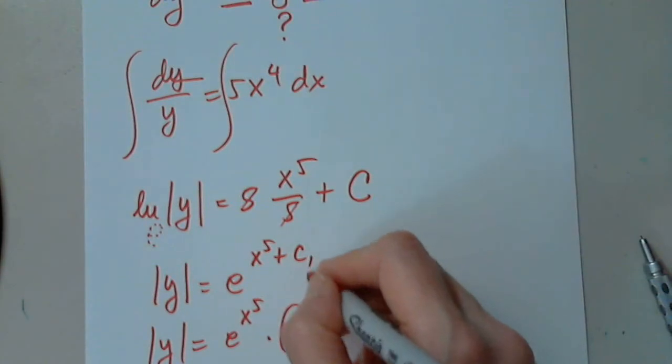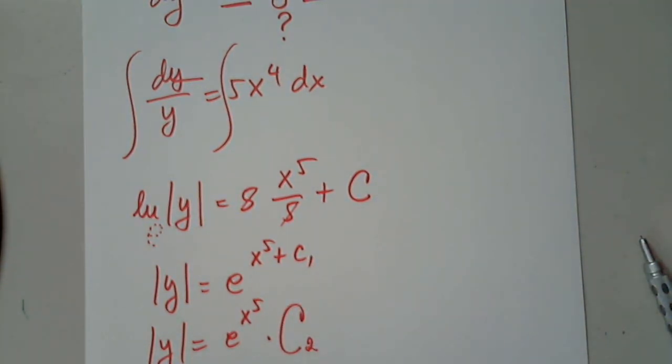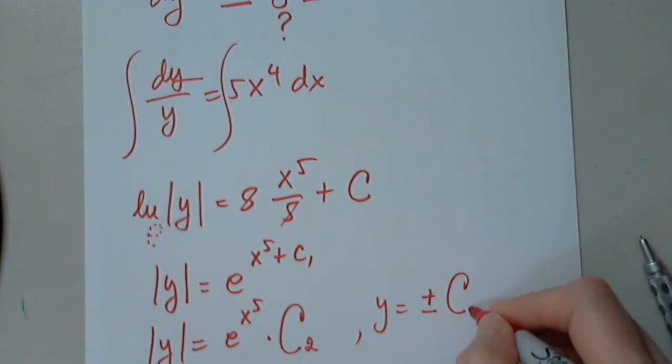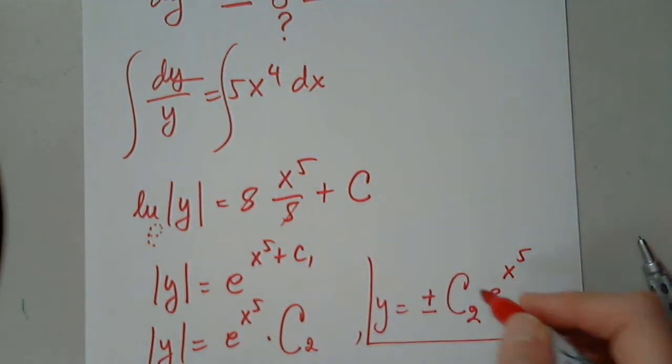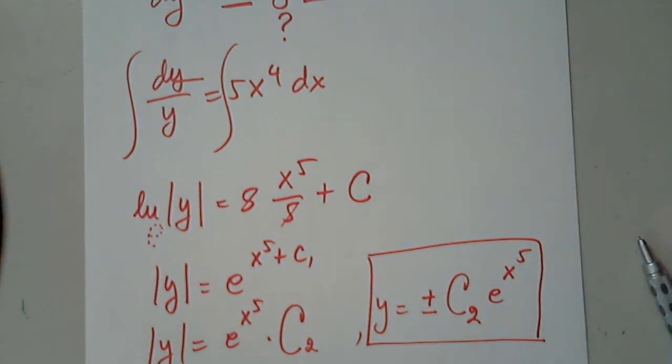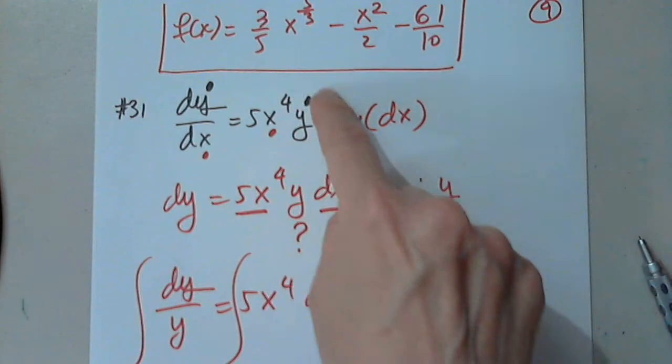If you want to call this c1 and this c2 so you don't confuse them, that's fine too. So then y equals plus or minus c2 e to x to the 5th. Done. This is the solution of this.